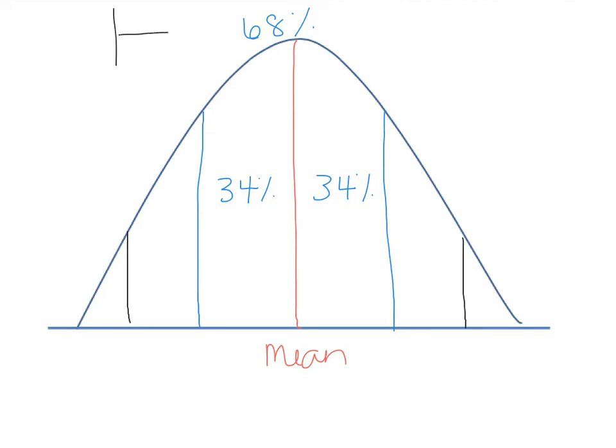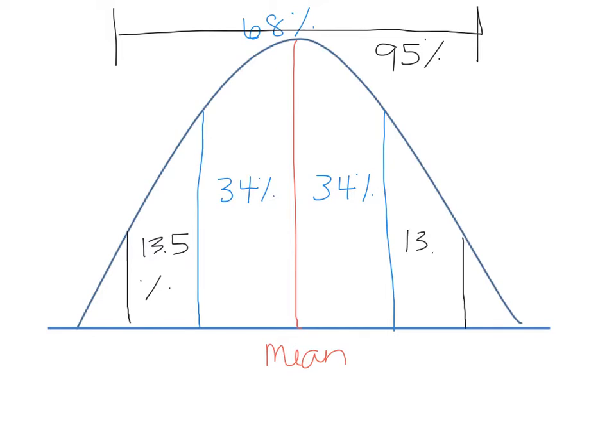So from here all the way over to here would be 95%. So if you take 95% minus the 68 that we already put in our curve, if you subtract that, you would get 27. And then divide that by 2, that would leave 13.5% in this area of the curve, and 13.5% in this area of the curve.